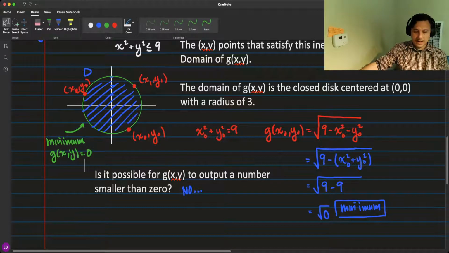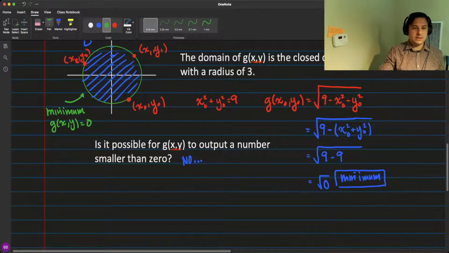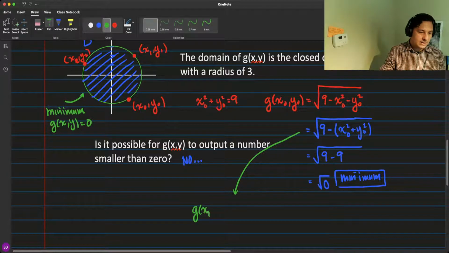Okay. Now, let's look at this over here. Okay, g of x is the square root of 9 minus x squared plus y squared.